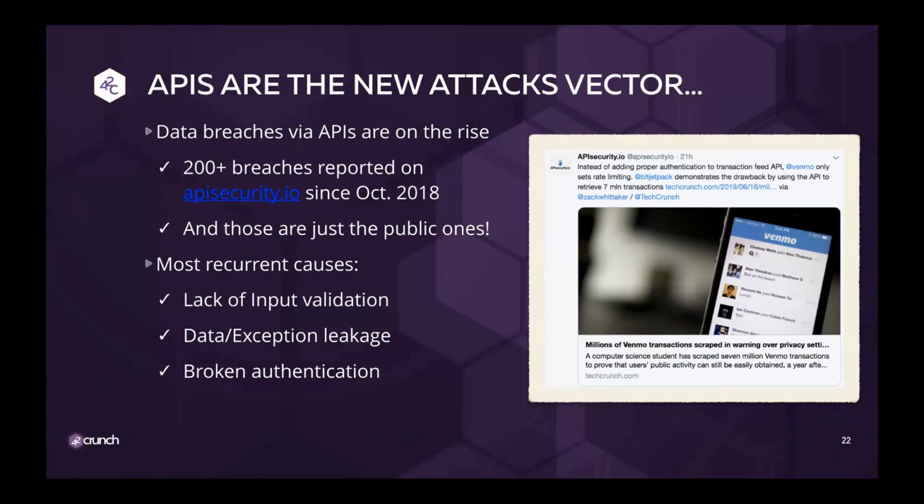In today's world, with the new architecture of applications and the overwhelming use of APIs, both for B2B integration or development of mobile or web applications themselves, we're seeing more and more problems, breaches and vulnerabilities with APIs, something that we report regularly on our community site, which is called apisecurity.io.